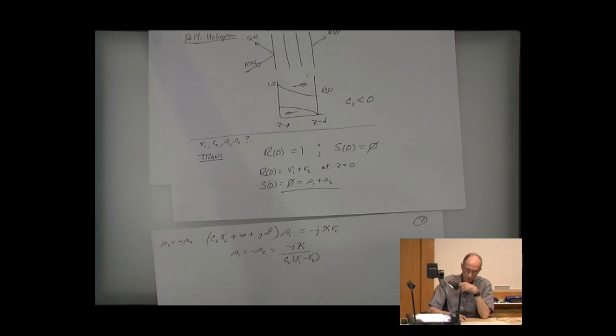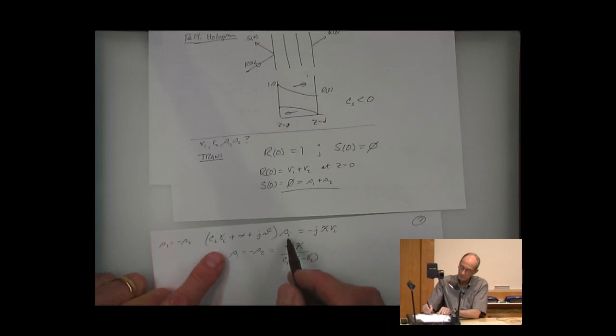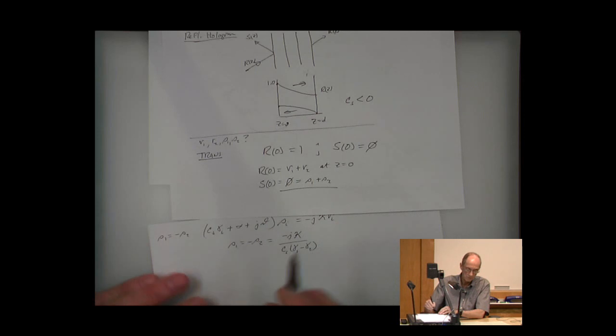So the way we got that is by taking our value. So we put in S1 and R1 and S2 and R2.